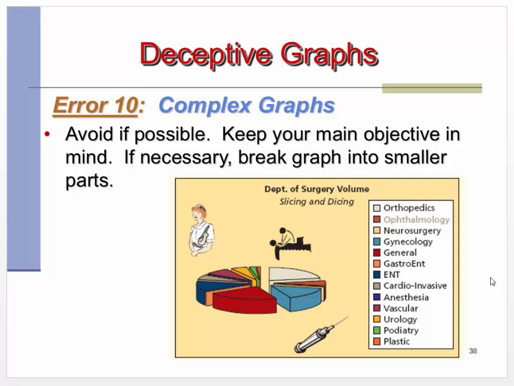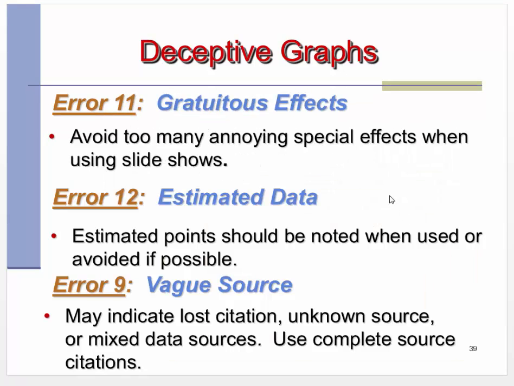Complex graph, error number 10. Avoid if possible. Keep your main objective in mind. If necessary, break the graph into smaller parts. This one has too many categories and too fragmented slices of pie. That's not good. Error 11, gratuitous effects. Avoid too many annoying special effects when using slide shows.